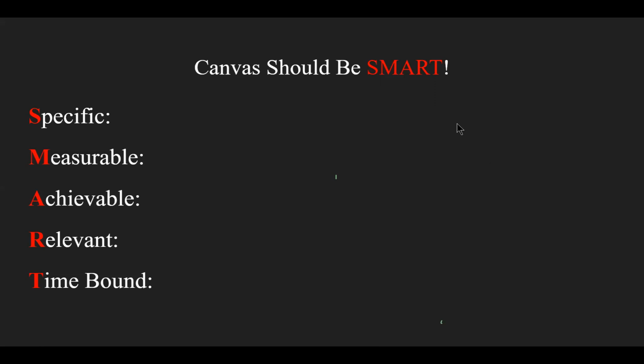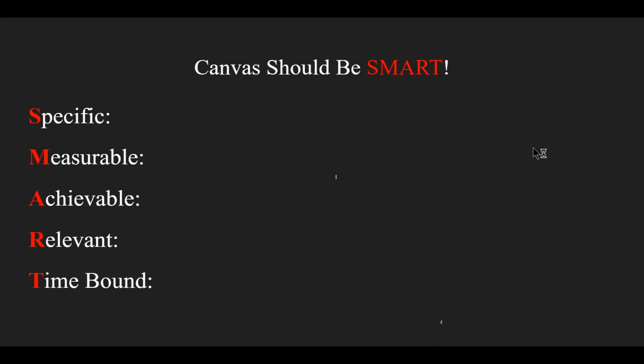Okay, let's continue. Another thing is that the things you're writing down in your canvas should be achievable. Canvas doesn't really ask for your goals in a numeric way, but while writing down your possible partnerships or any other part of your canvas, you should make sure that things you're writing down are achievable.